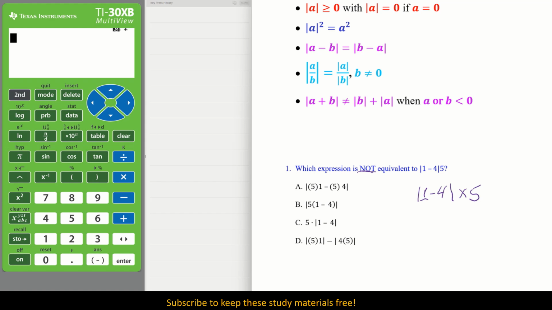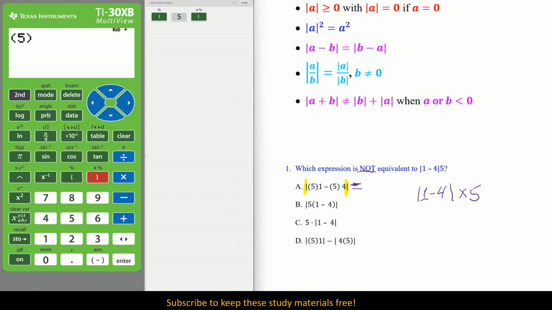Type in what you see, but noting that we have absolute value on the outside. That means whatever we get, we just simply take the positive if we get a negative. So let's type it in the way we see it. Parentheses 5, close parentheses, and then just put your 1 exactly the way you see it, minus parentheses 5, close parentheses 4.